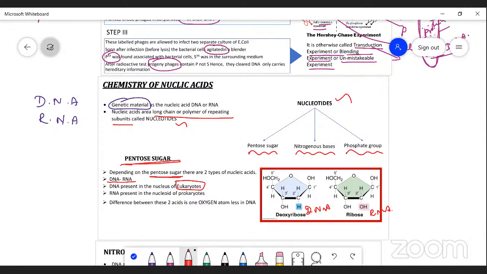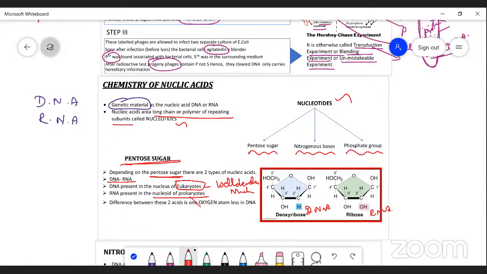So what is eukaryotes? The cells which are present in the multicellular organisms are called the eukaryotic cells. That means a well-developed nucleus is present. The RNA is present in the nuclei of prokaryotes.